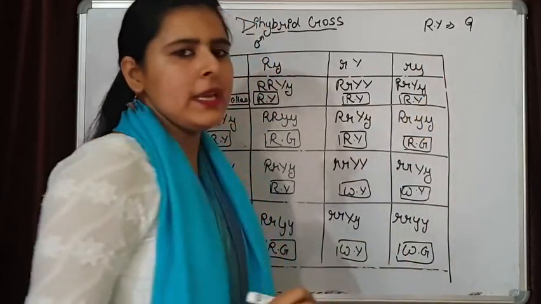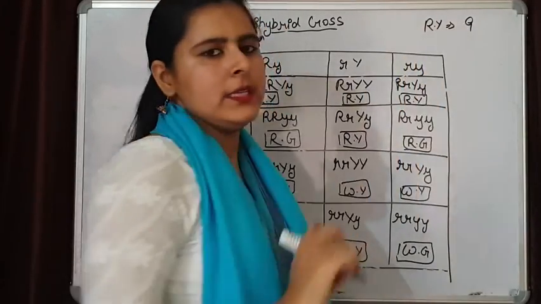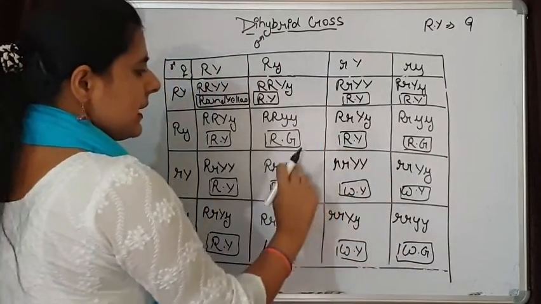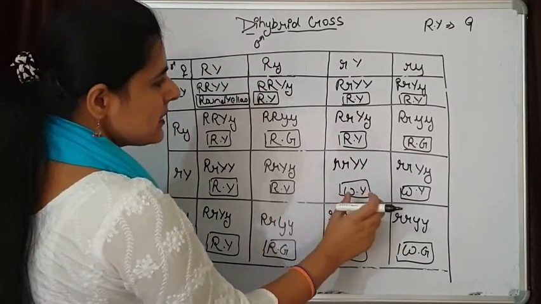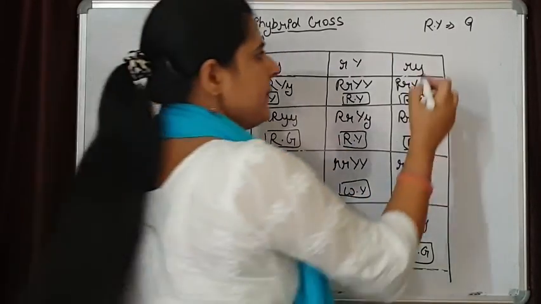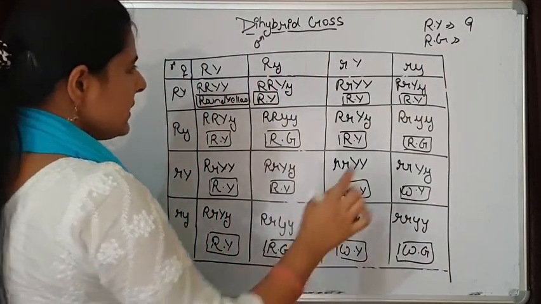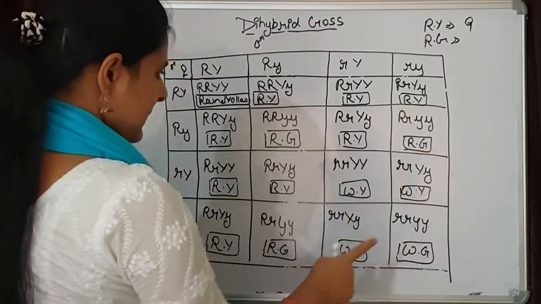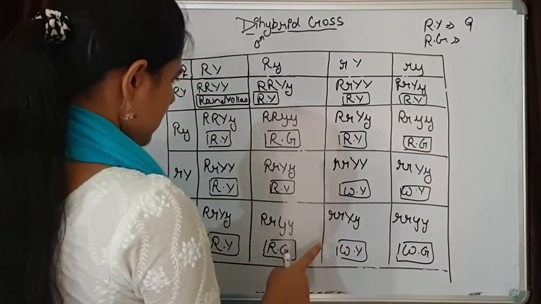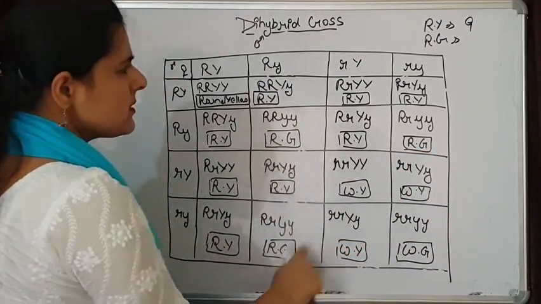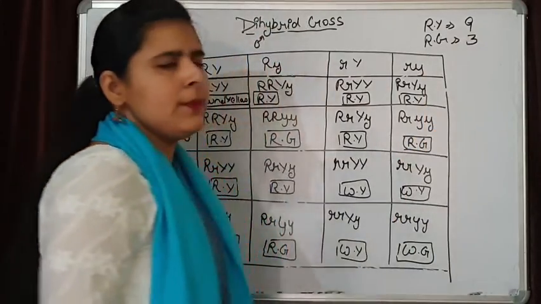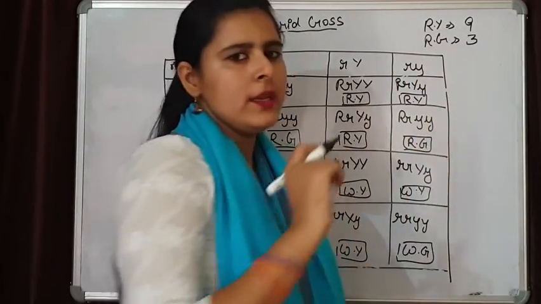We have 9 plants which are round and yellow. Then there is another phenotype that is round and green. In round and green, this is 1, this is 2 and this is 3. We have 3 plants showing round and green.